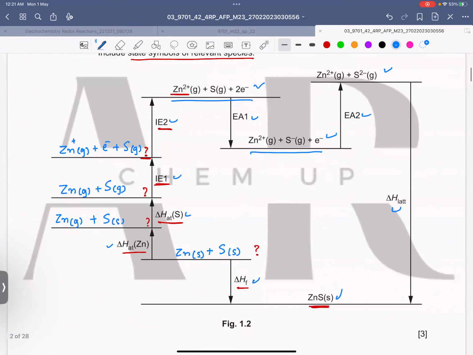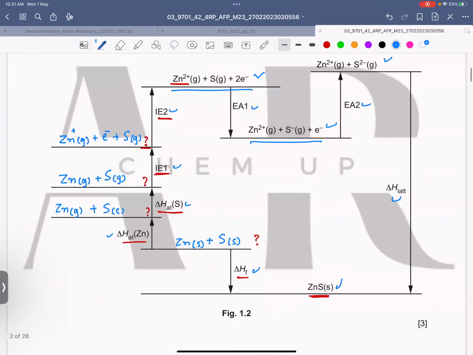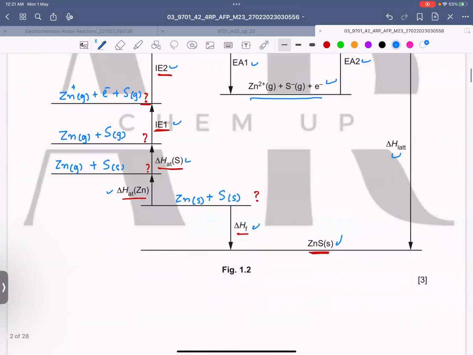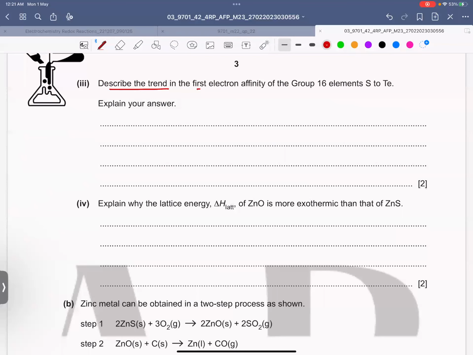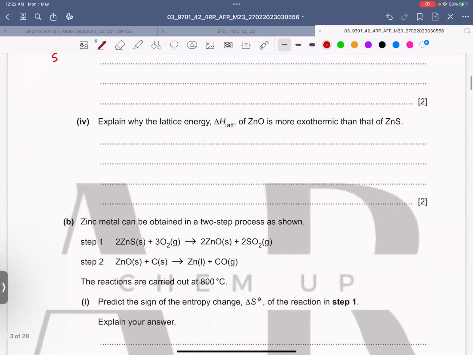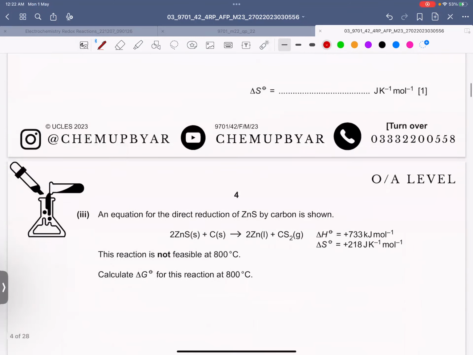Okay. Next part. Describe the trend in the first electron affinity of the group 17 elements from sulfur to tellurium. Okay. So in the periodic table, the first element is oxygen in this group, and after sulfur, I don't remember. You can find it in the periodic table.